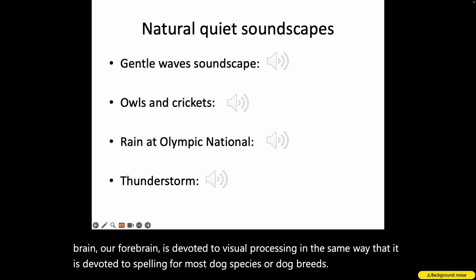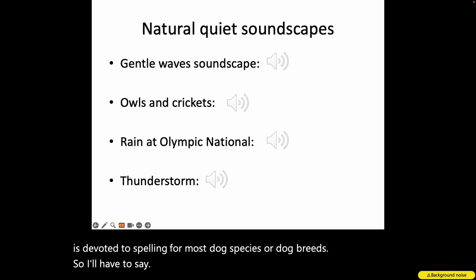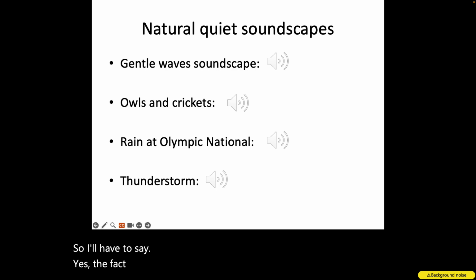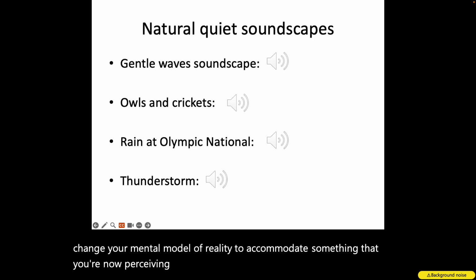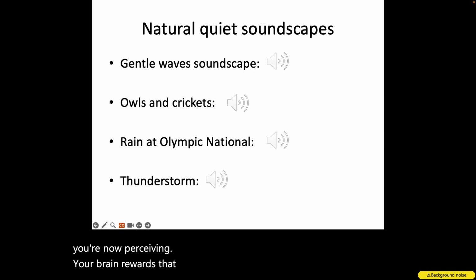So all that to say, yes, the fact of recognizing the pattern and not having to reconcile or change your mental model of reality to accommodate something that you're now perceiving, your brain rewards that. Your brain rewards that a lot. And that's why optical illusions are such a thing.